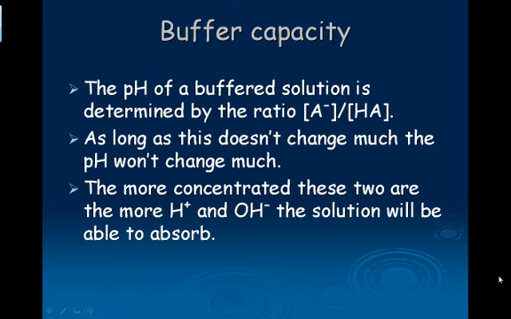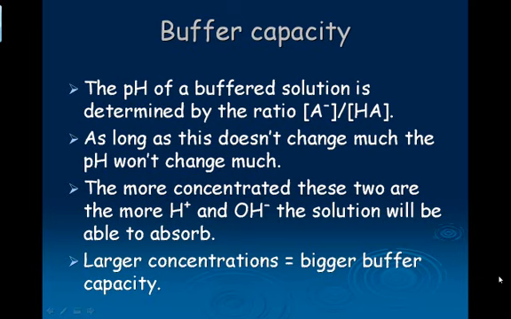If you had a buffer where the A minus and the HA were both 1 molar, that solution would be able to absorb a lot more acid and base than a buffering solution where each was 0.1 molar. So the more concentrated those two parts of the buffer are, the better buffer you have. Larger concentrations, bigger buffering capacity.